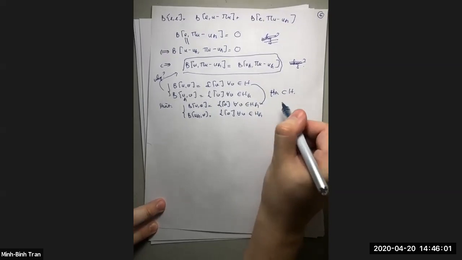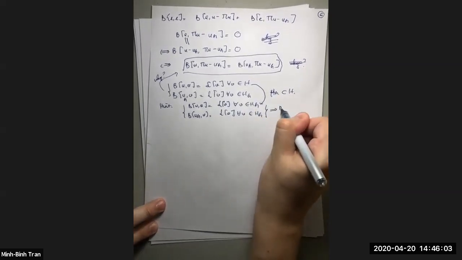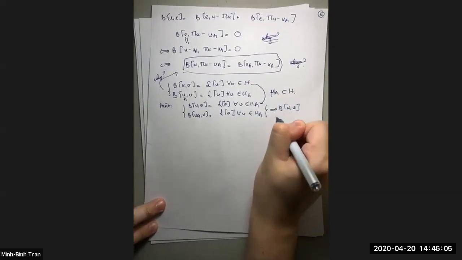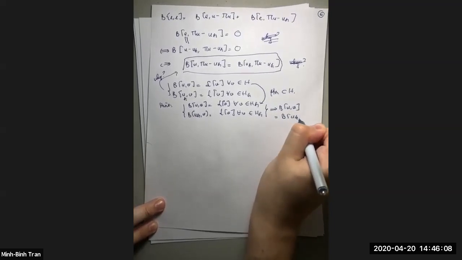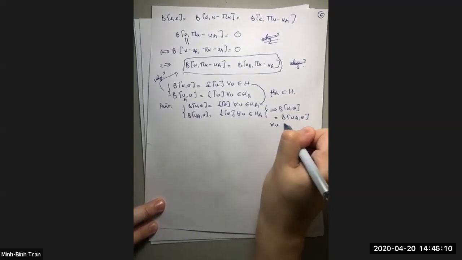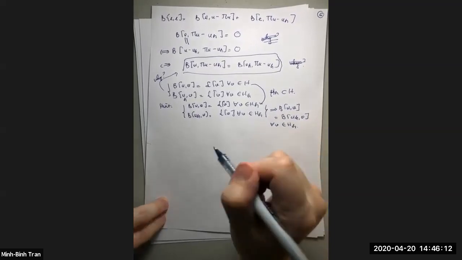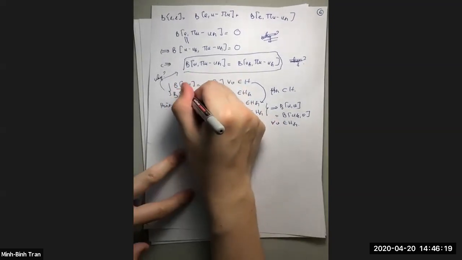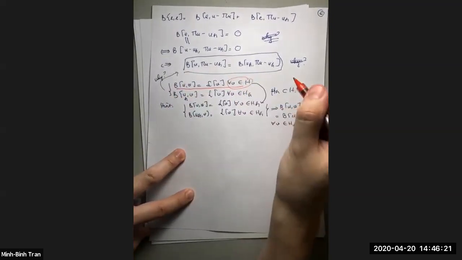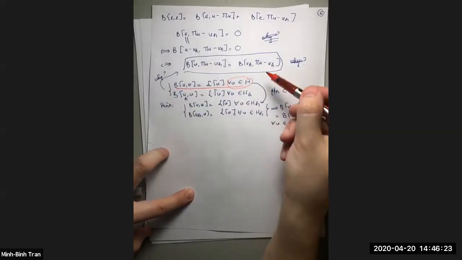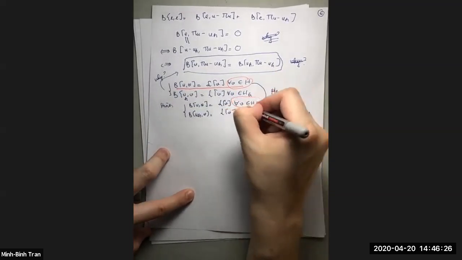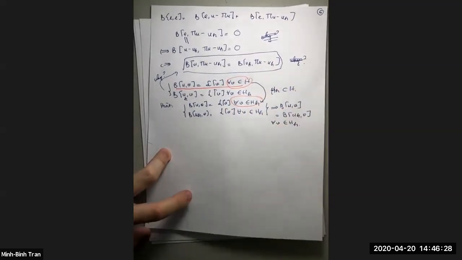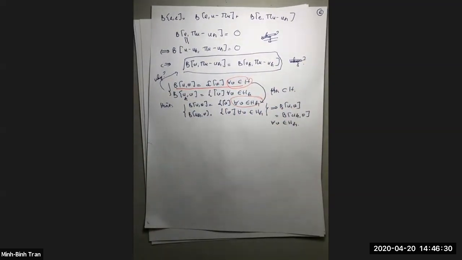So now if you combine the two facts, then you can say that B(u, v) is equal to B(u_h, v) for the v in H_h, right? I explain again. First, u is a solution of the full equation, which means that this is true for all the v in H. But because this is true for all the v in H, it has to be true for the v in the smaller space H_h, right?